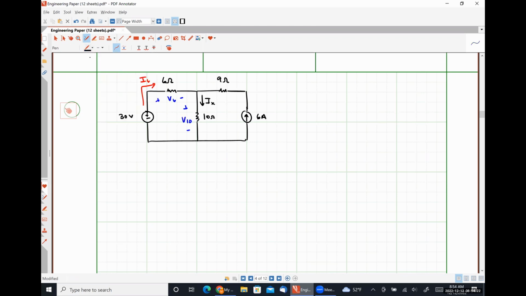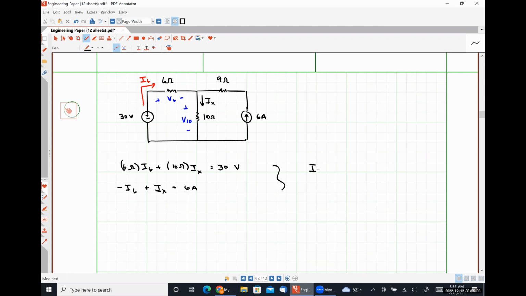If I write my KVL expression, let's skip ahead slightly. This is going to look like 6 ohms times I6 plus 10 ohms times IX is equal to 30 volts. My KCL expression, I'm going to have negative I6 plus IX is equal to 6 amps.